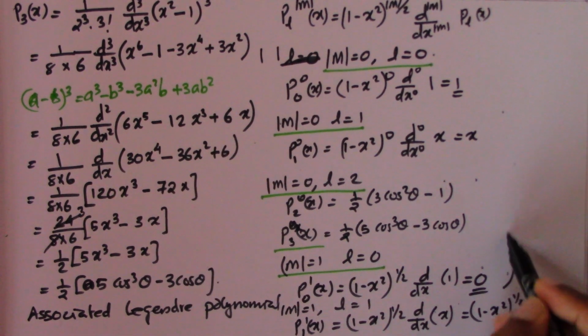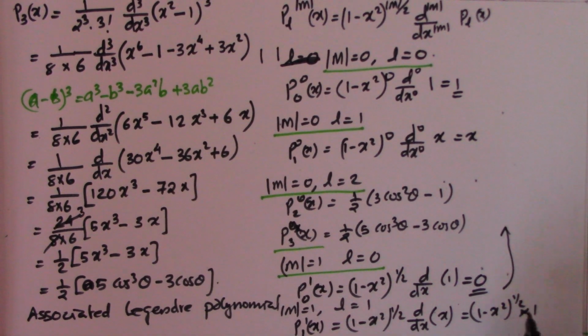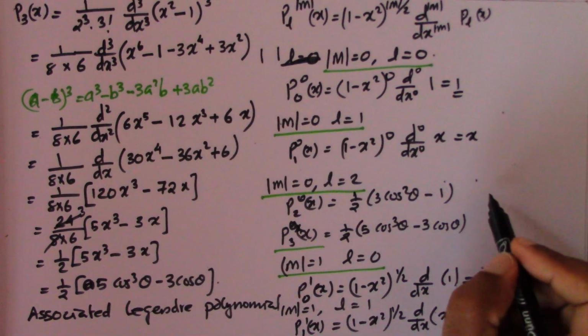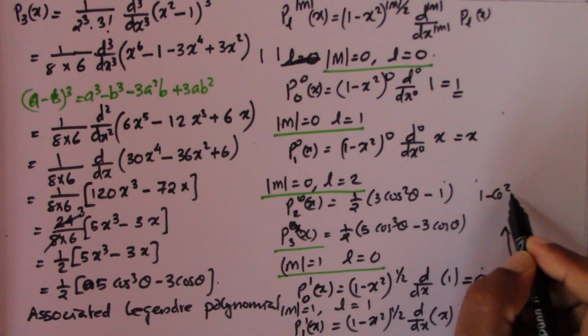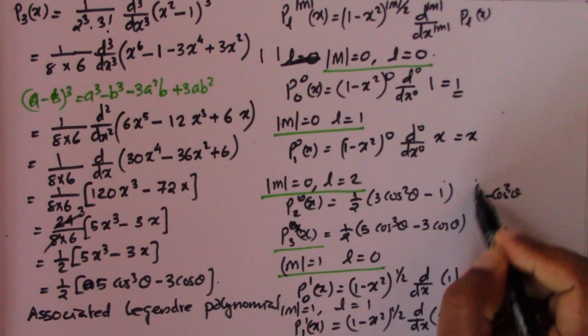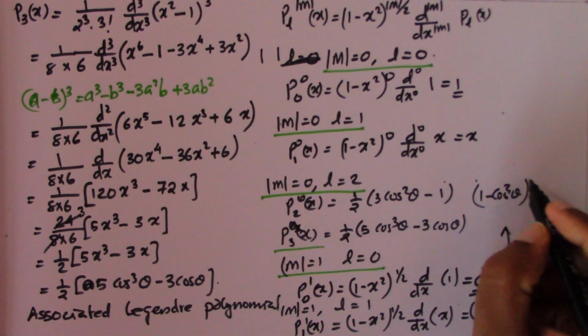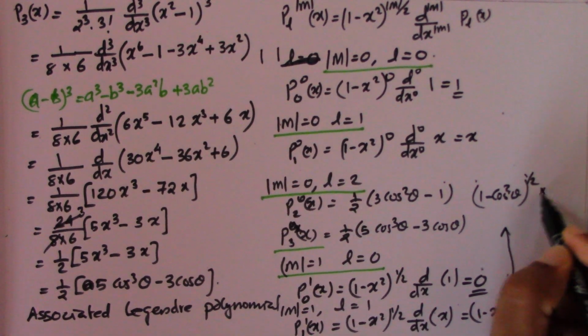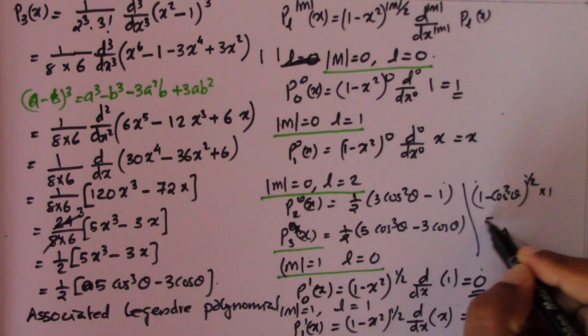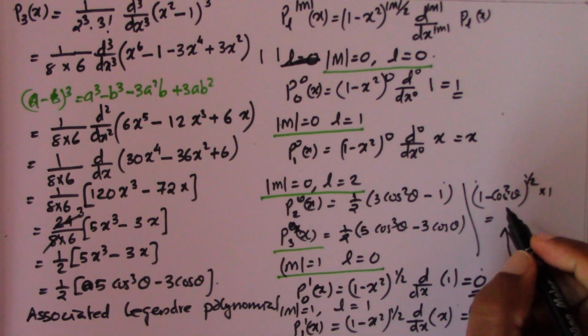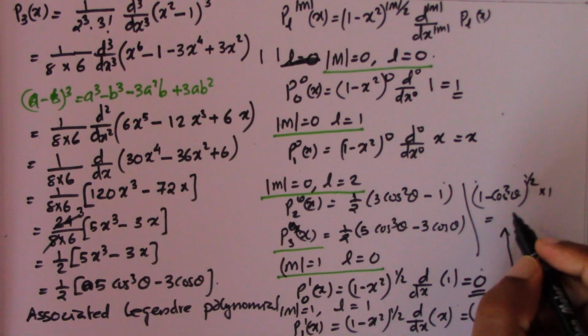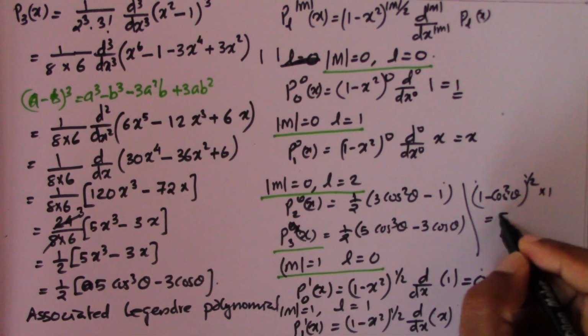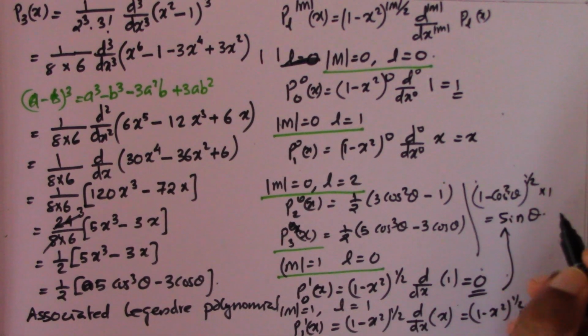So I will write the rest of the things here. 1 minus x square raised to 1 by 2 is nothing but 1 minus cos square theta raised to half into 1, and 1 minus cos square theta is equal to sin square theta, the root of sin square theta is equal to sin theta.